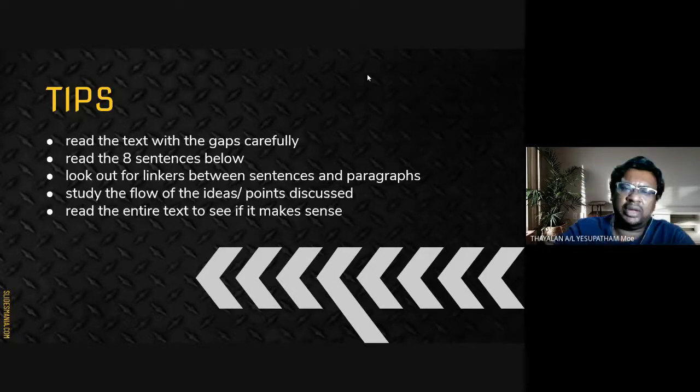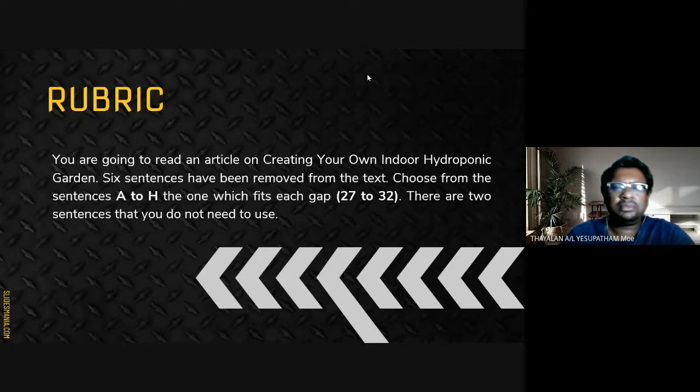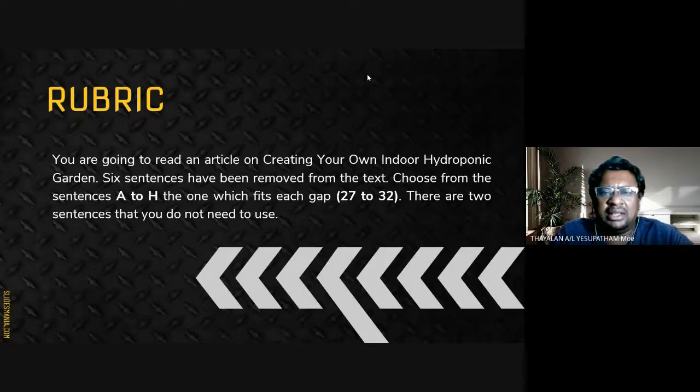Now, this would be the rubric for the task today. You are going to read an article on creating your own indoor hydroponic garden. Here you have an idea of creating, so there'll be steps, right?